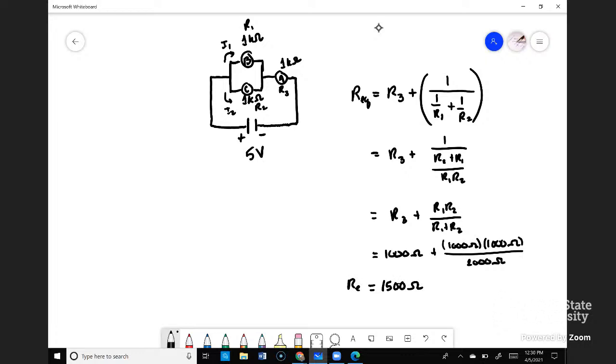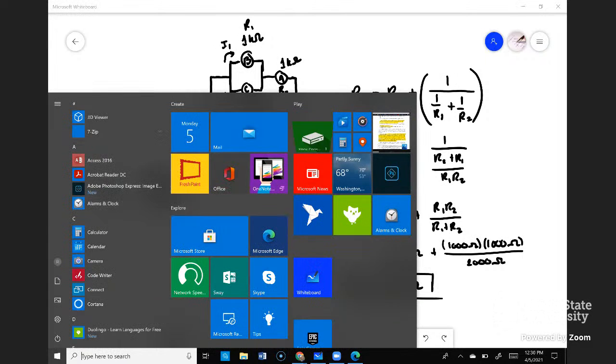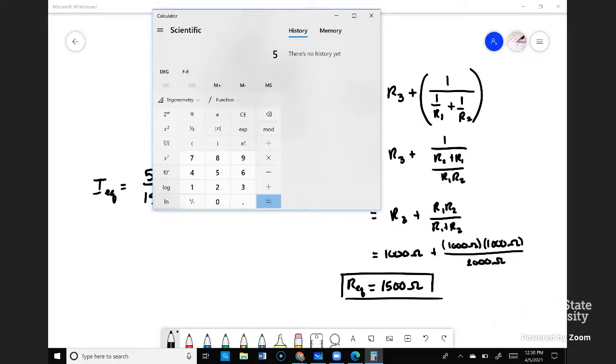They are equivalent. Now that we have the equivalent resistance, we can figure out the current through that equivalent resistance, or the current through the entire circuit. One resistance. So that is I_EQ equals the voltage drop across that resistor divided by the resistance, 1,500 ohms. And so we are going to have 5 divided by 1,500.